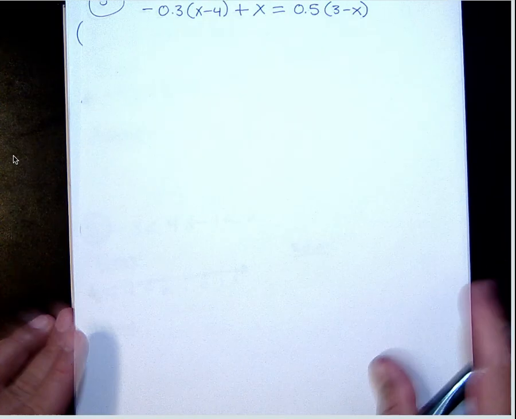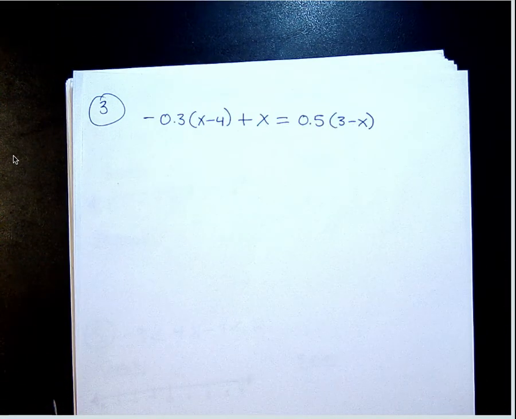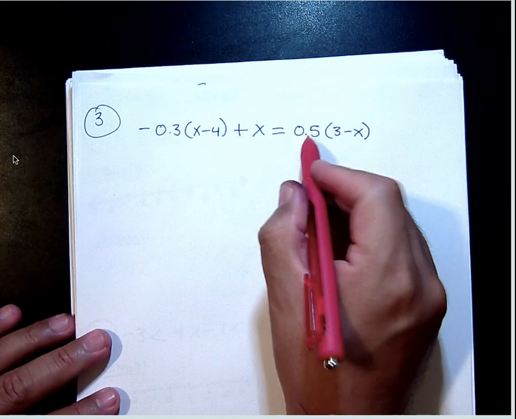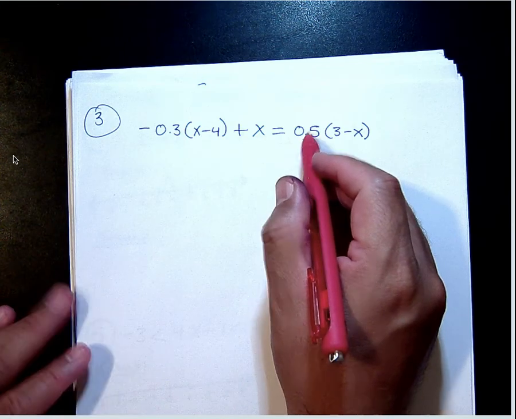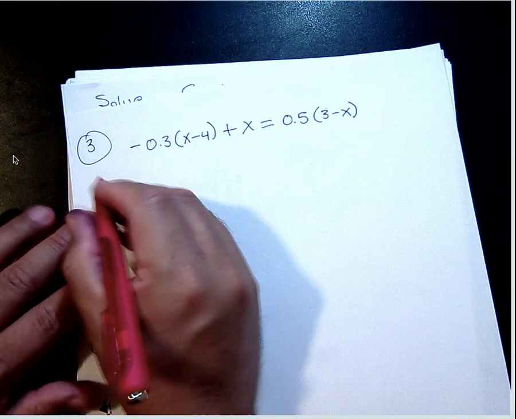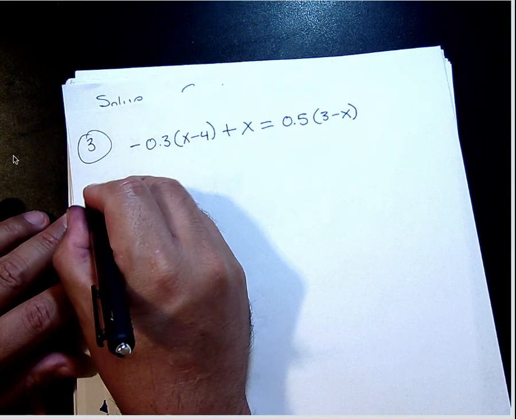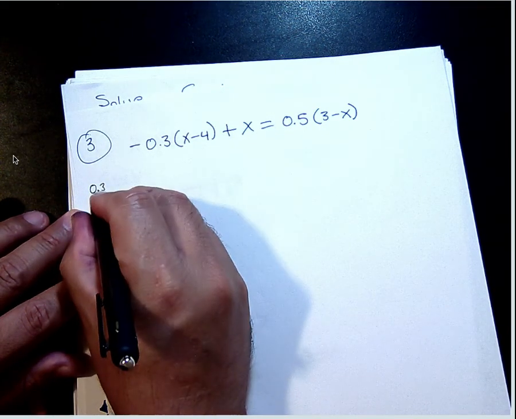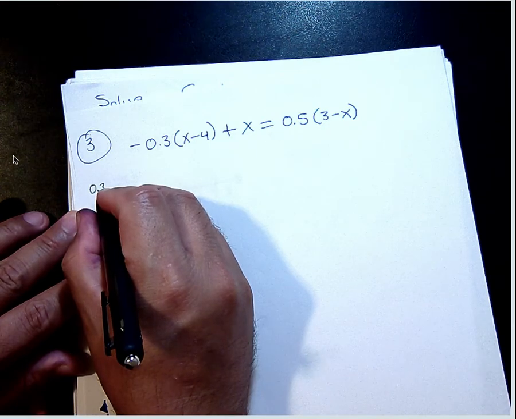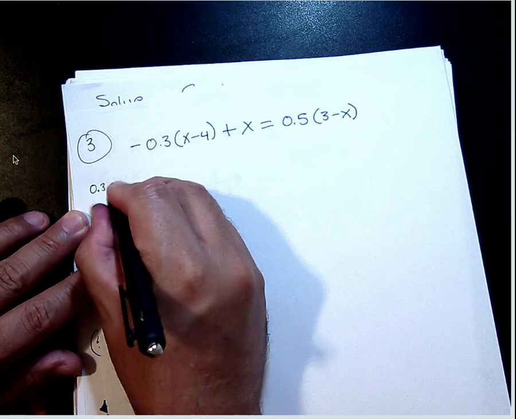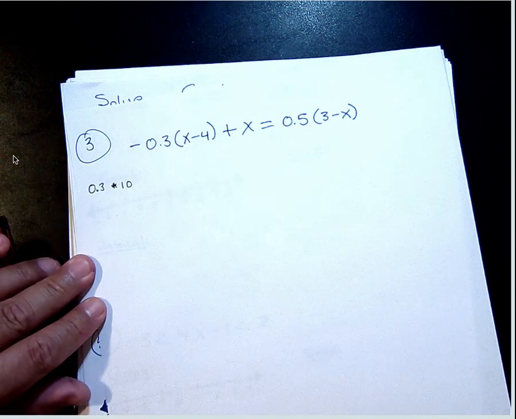Okay, you also will get an equation with decimals. Remember, for this one, we need to eliminate those decimals. Remember what I told you. If it's on the decimal, the 10th place, to eliminate the 10th place, you multiply by 10.